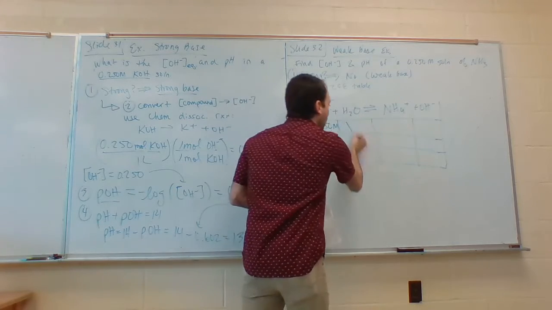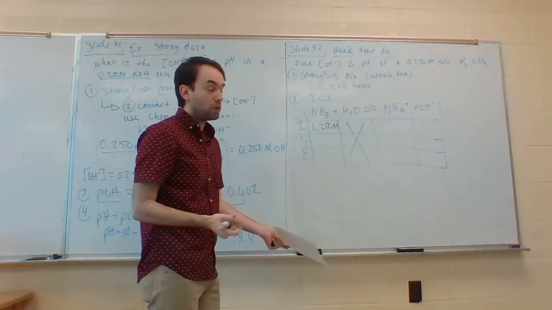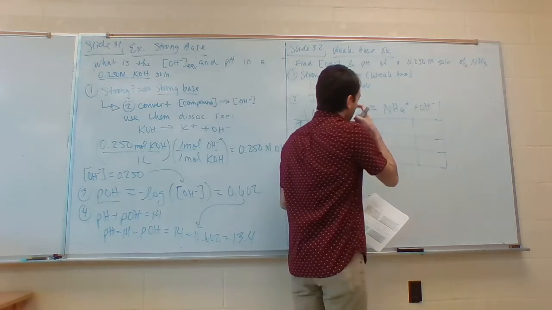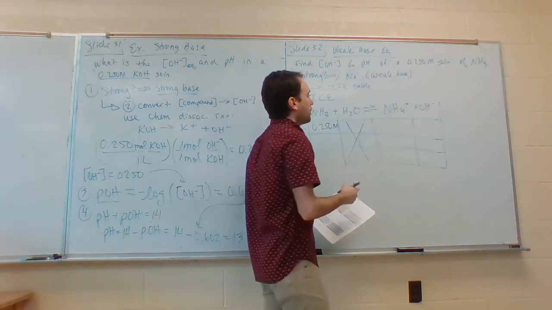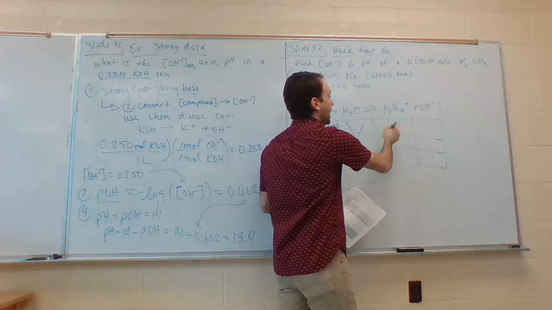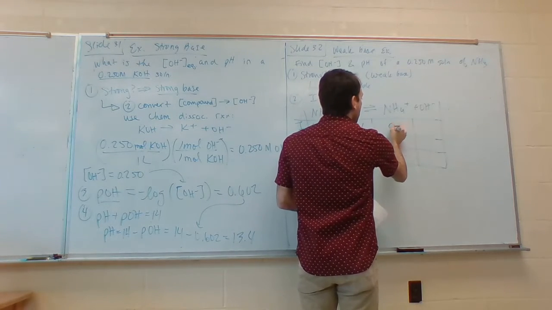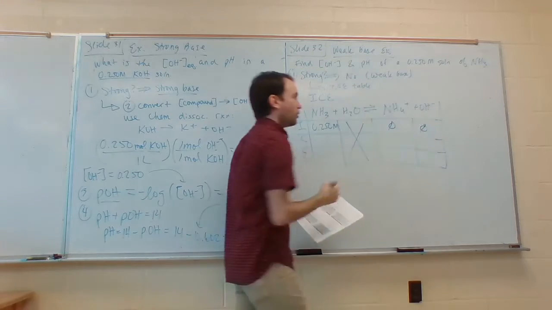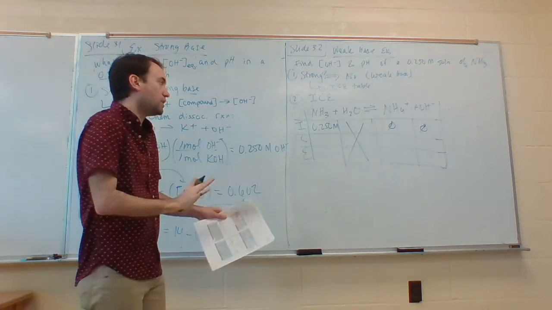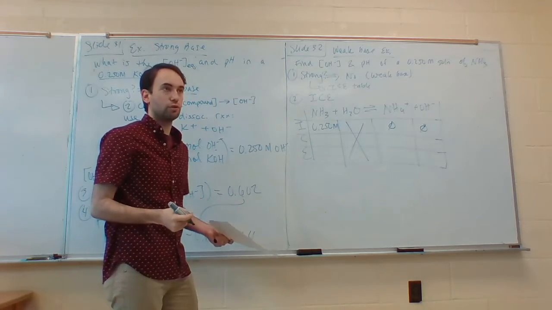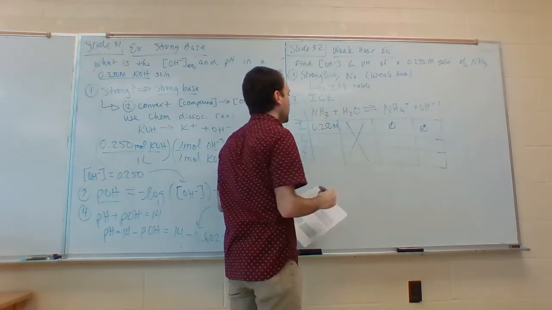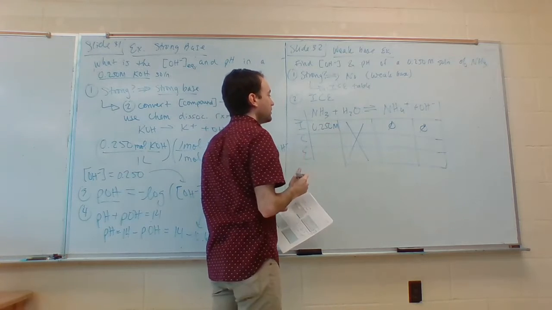Well, I know that I have my initial concentration of ammonia, which is 0.250 molar. Okay? My water column, I'm going to cancel out because it's not going to participate, right? And then I have my NH4, my ammonium, 0 molar, and 0 molar for my hydroxide. We're going to assume that it started out all as NH3 because that's what we added to our solution, okay? And then it began to split up. So initially we had 0.250 molar.